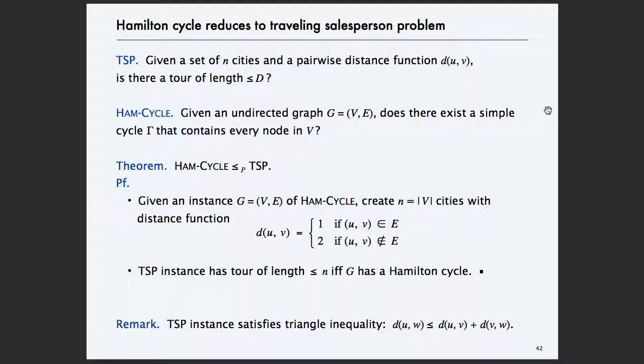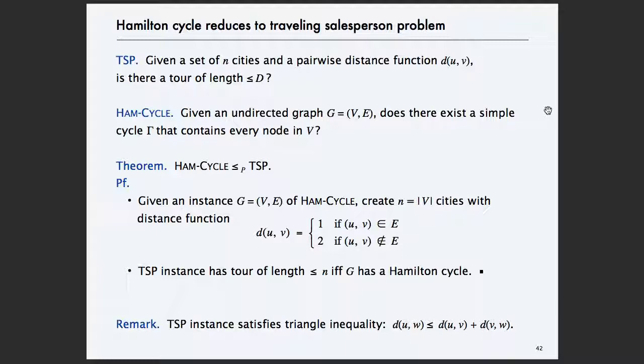Well, given an instance of the Hamiltonian cycle, create a TSP problem with one city per vertex, and then my distance is going to be 1 if there is an edge, or 2 if there is no edge.